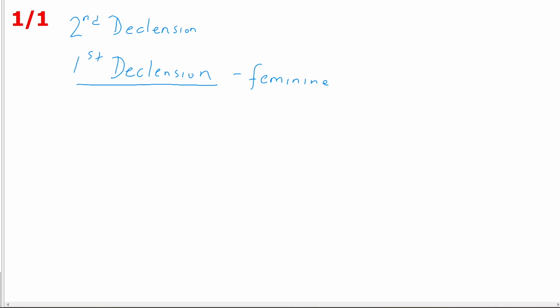So in the second declension, you will have masculine and neuter. First declension feminine, yes, there were a few exceptions, but the majority were feminine. In the second, you will have masculine as well as neuter.